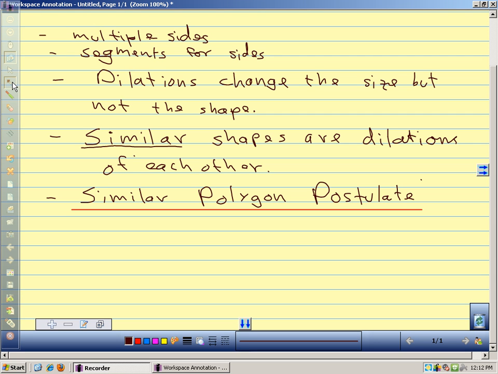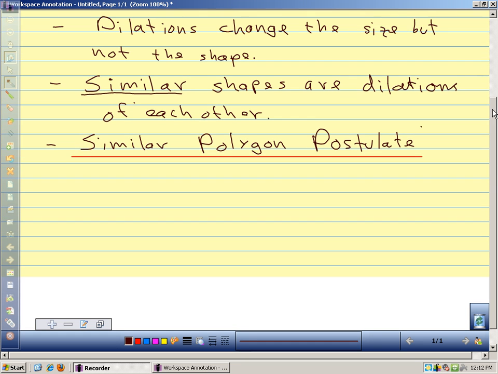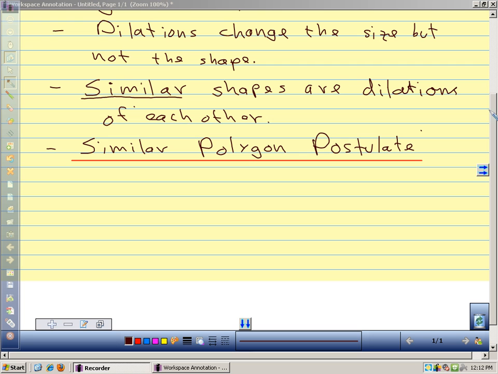It has something to do with whether or not it's true and whether or not we can prove it. Anybody remember postulate? You were close, Maria. Something we accept as true without proof. There we go. It seems to make sense, but we accept it as true without proof. We use postulates to prove other things. So our similar polygon postulate tells us how we can tell if two polygons are similar.